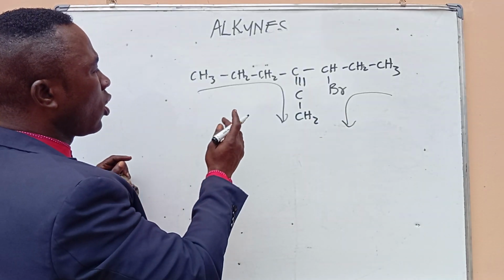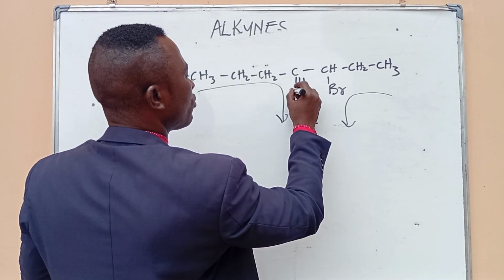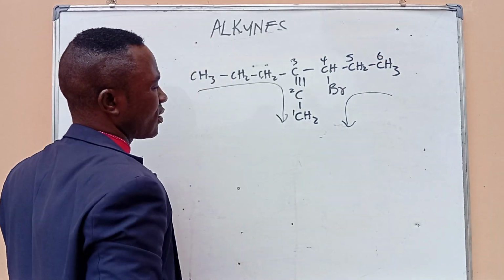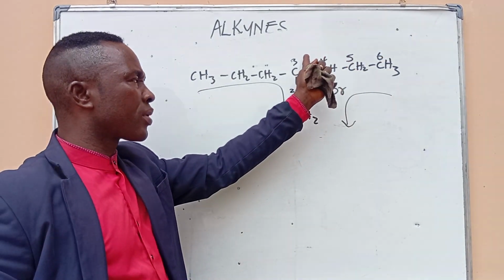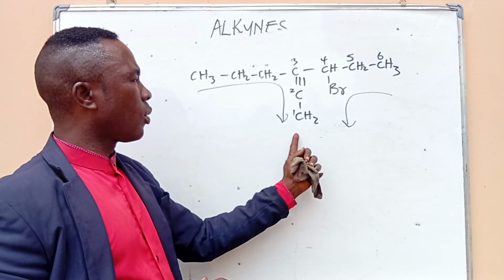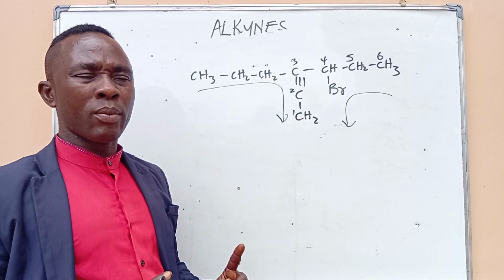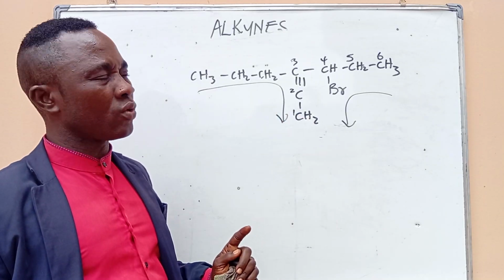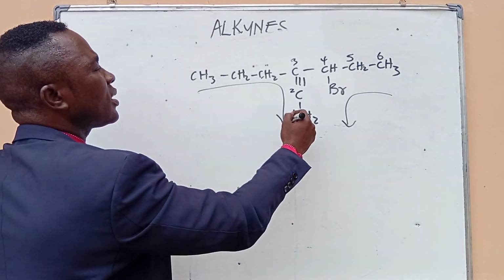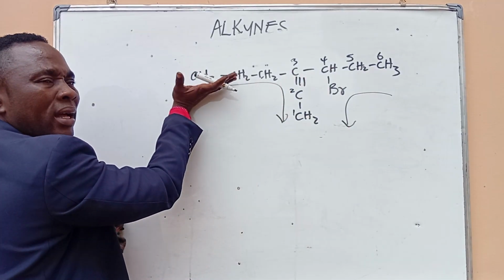Although, when we number here 1, 2, 3, 4, 5, and 6, we cannot accept numbering this way, because it will give the triple bond a high number. But when we number through this way, the triple bond is already at number 2. Now, when you watch carefully, you find out that numbering this way, we did not number this carbon atom.